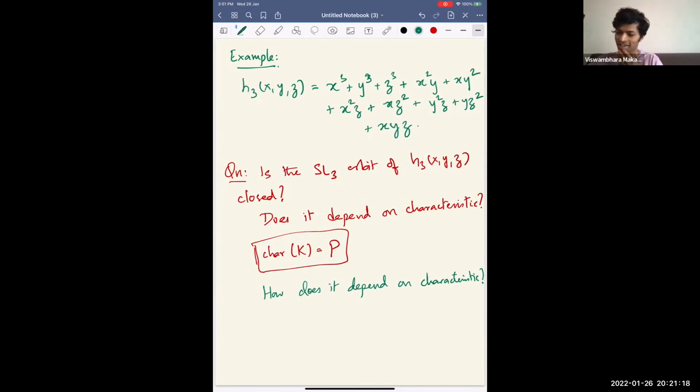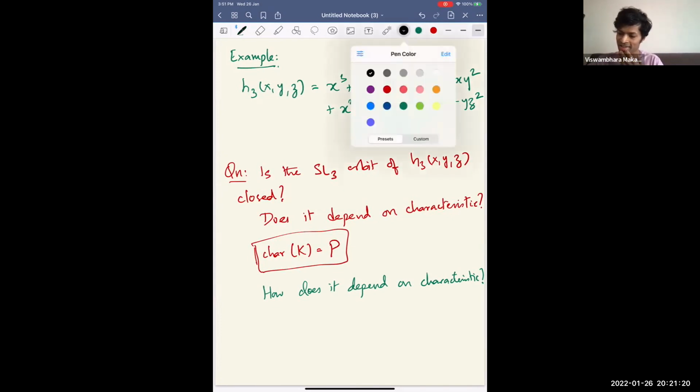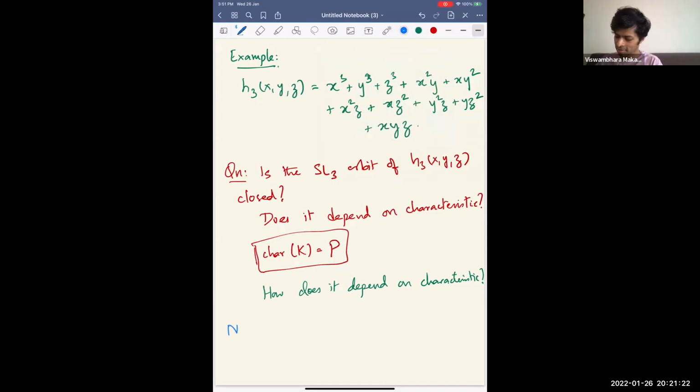And I want to make one final note: if you look at the moment map criterion, it doesn't work for this polynomial. You can test it.